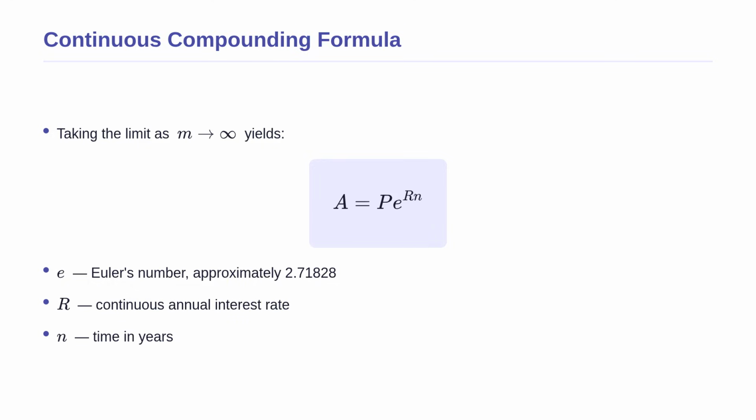The symbol e represents Euler's number, a fundamental mathematical constant approximately equal to 2.71828. The other variables remain the same. P is the principal, r is the continuous rate, and n is the time in years. Because e is greater than 1, the final amount grows exponentially as either the rate or the time increases. This allows us to model money as a smooth, continuous process.